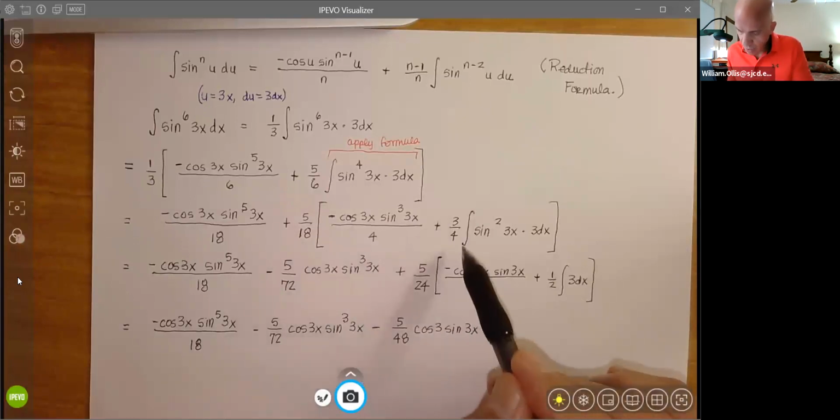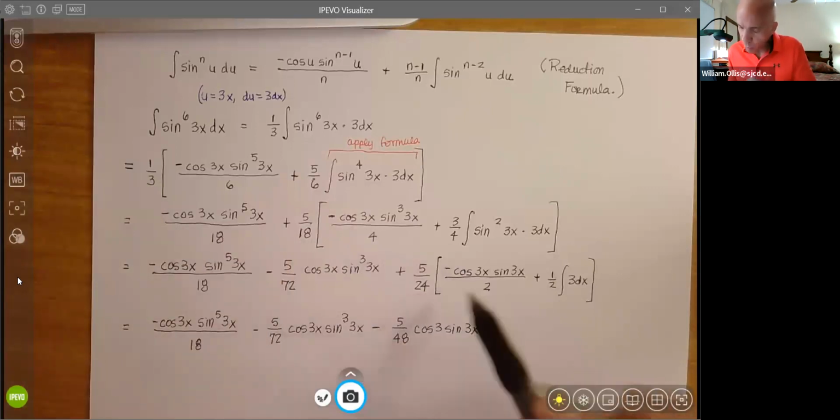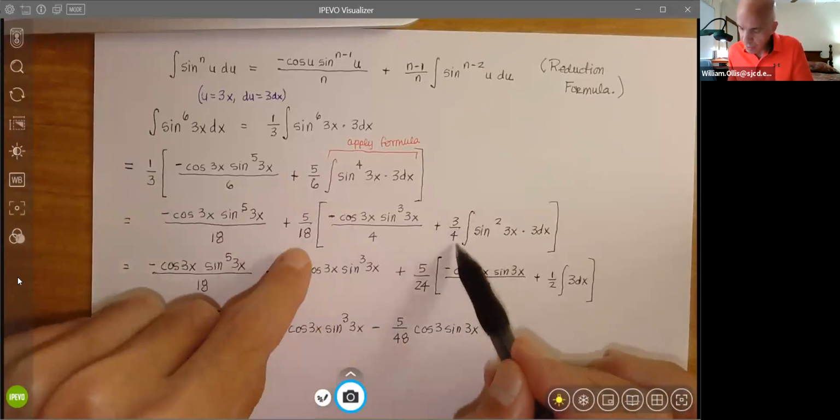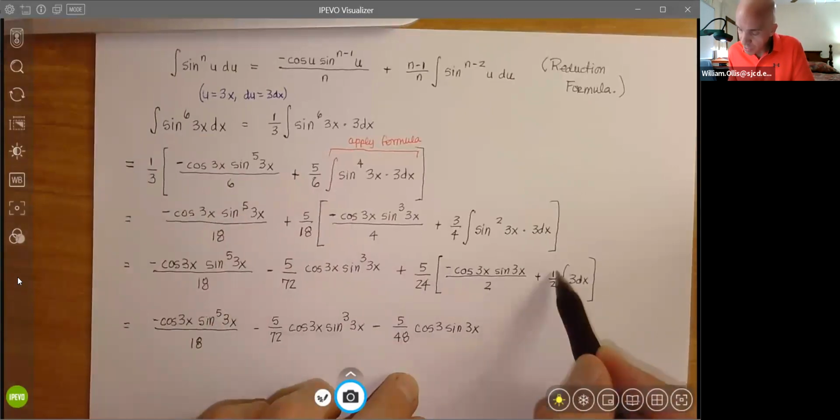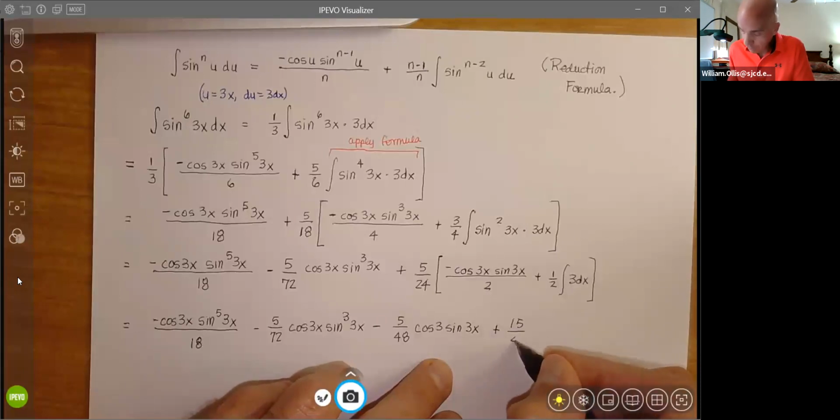This reduced, gave us this. That looks good. Oh, okay. And now we're good to go because I reduced this. So that looks good. And so now this gives us 5 over a 48 here times the 3. So that will be plus 15 over 48 x plus a constant.